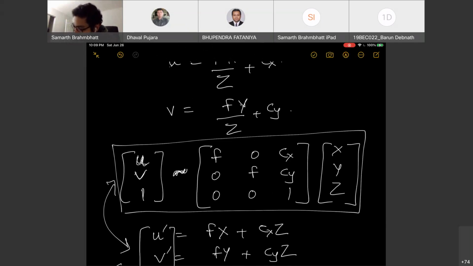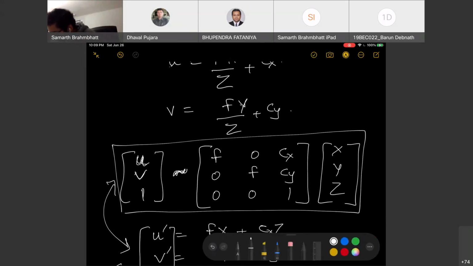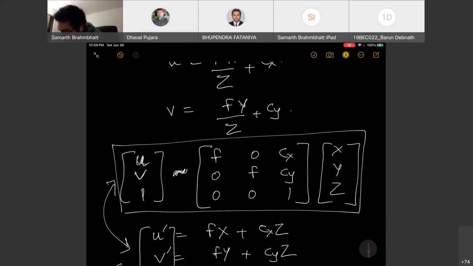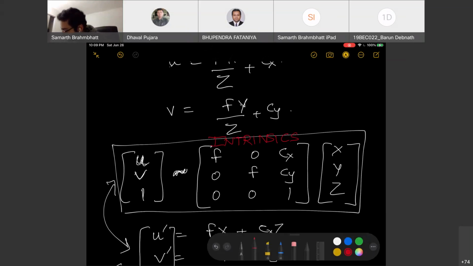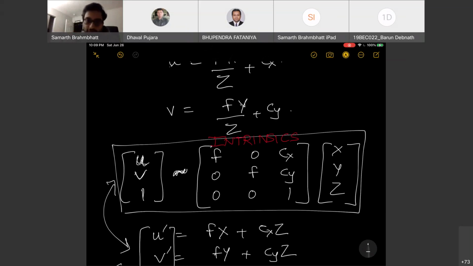And so the important thing finally I want to mention is this is a very important matrix. This is called the Intrinsic Matrix. And why it is important is because it captures the whole behavior of the camera, right?